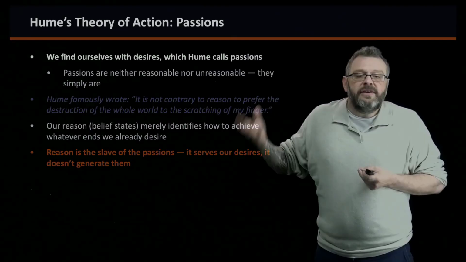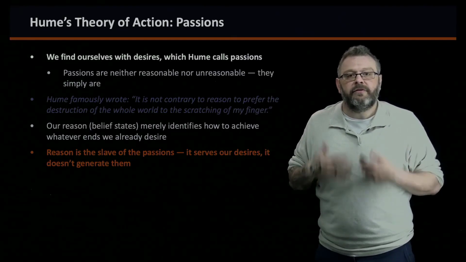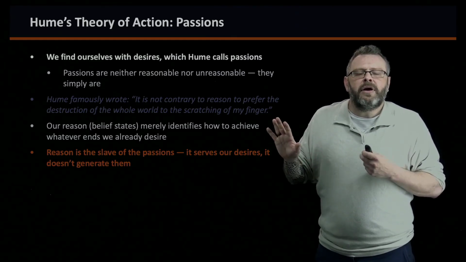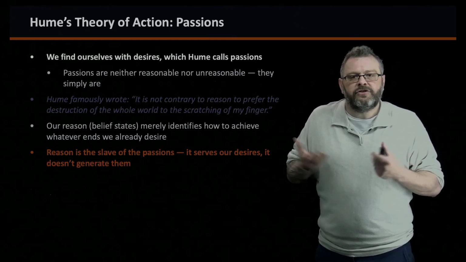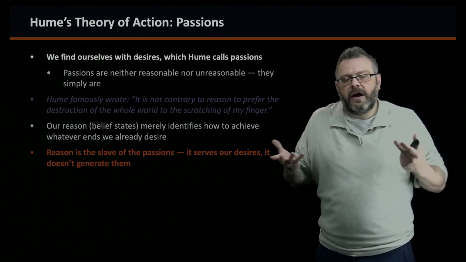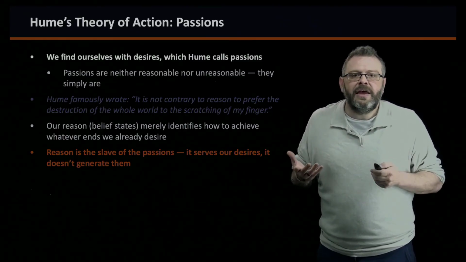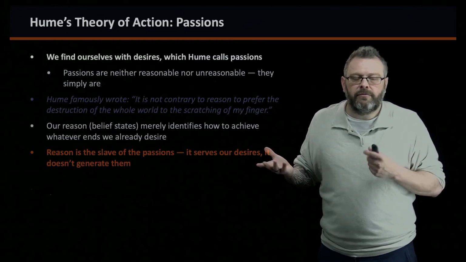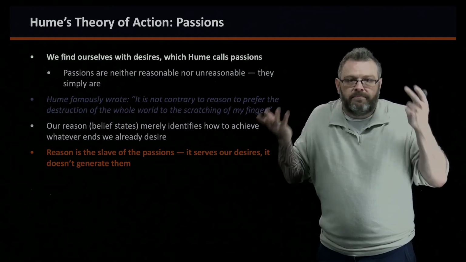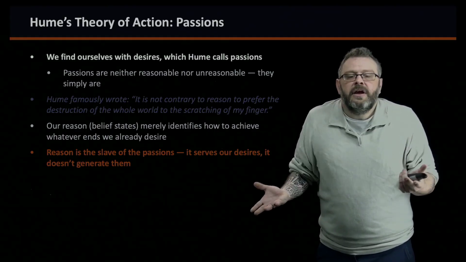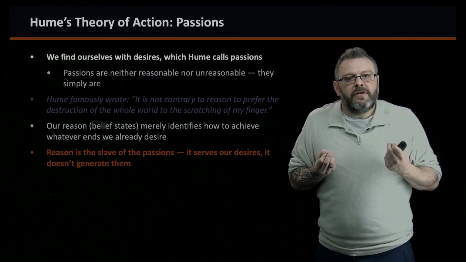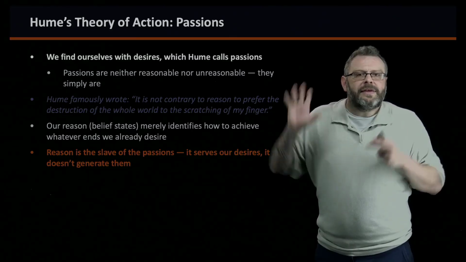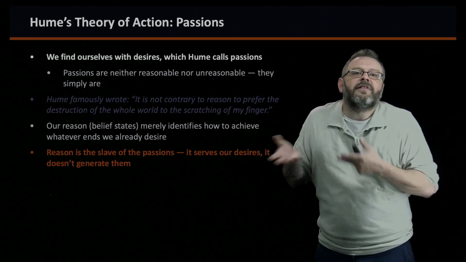So this has to do with Hume's theory of action. And we're not going to take a super deep dive into it here, but what he says is that we just sort of find ourselves with desires, right? He calls these passions. And they're not the kinds of things that are reasonable or unreasonable. They're just there. And it's our reason that then figures out how to get what we want. So reason, he says, is this slave to the passions.